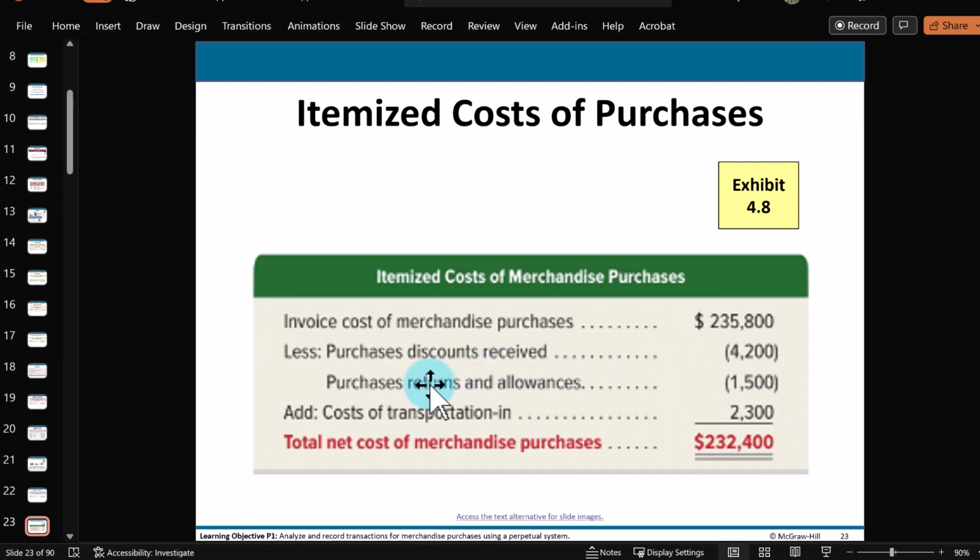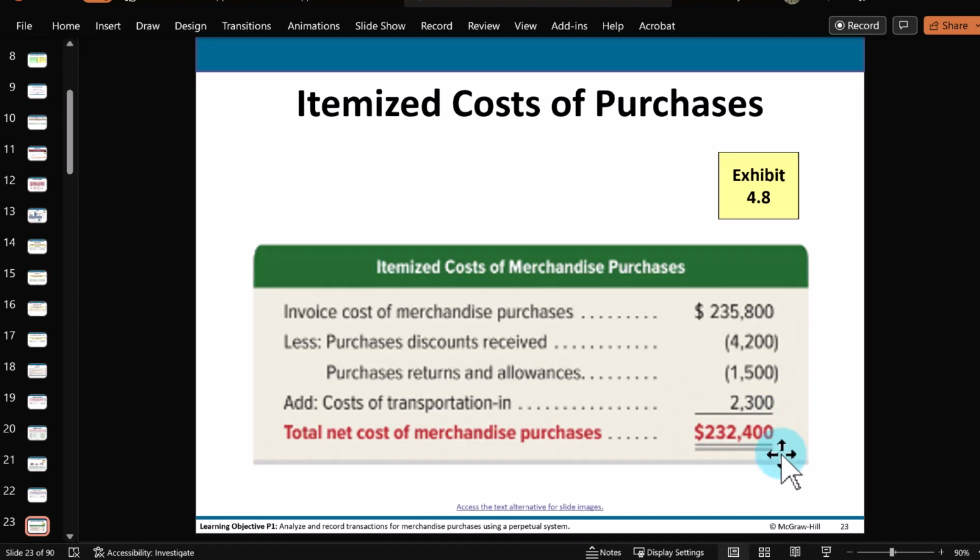Notice how we combine the returns and allowances into one account or one amount here, total. And then if we, the buyer, have to pay shipping costs, here called transportation in, we're shipping into our company, versus shipping out to our customers. Okay, we add that cost in to the total net cost of purchasing merchandise.